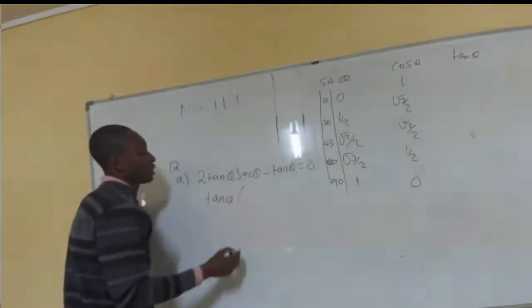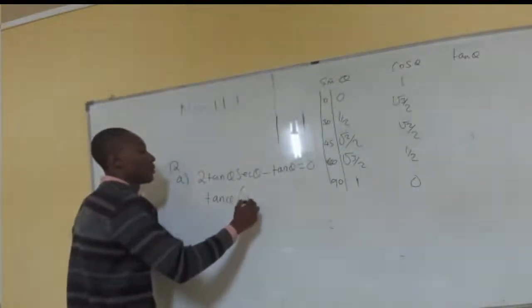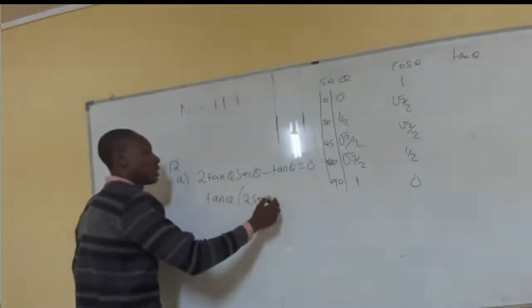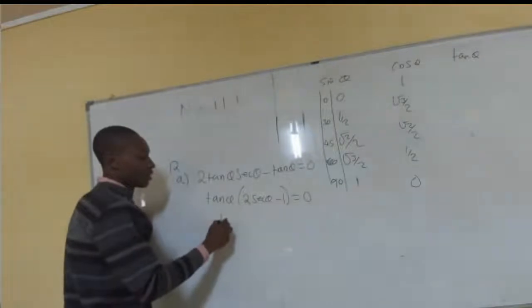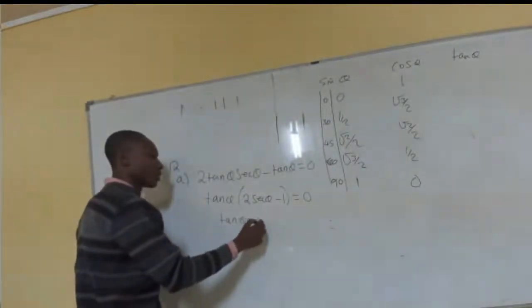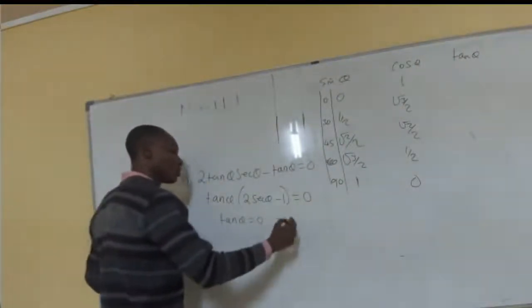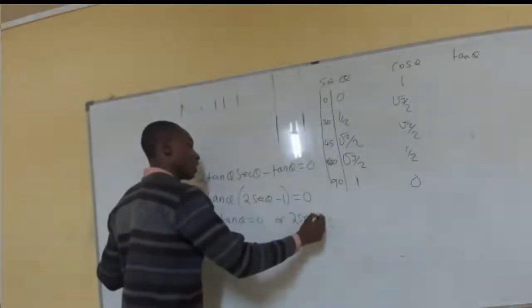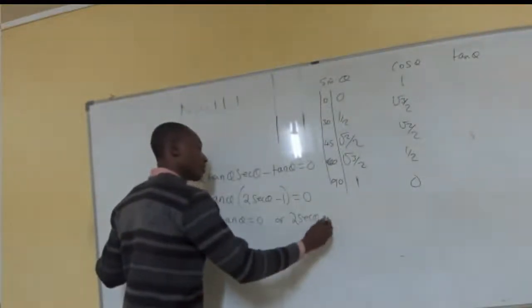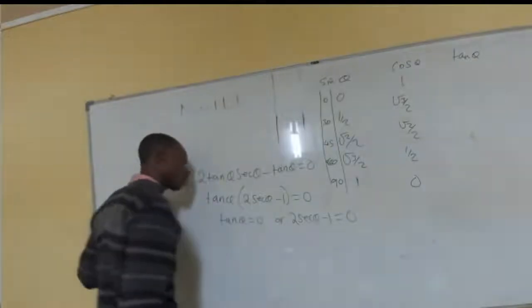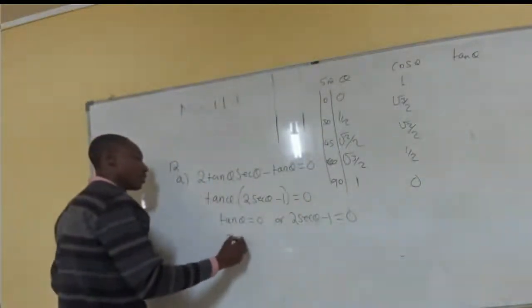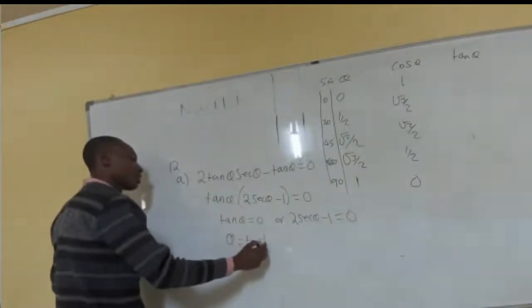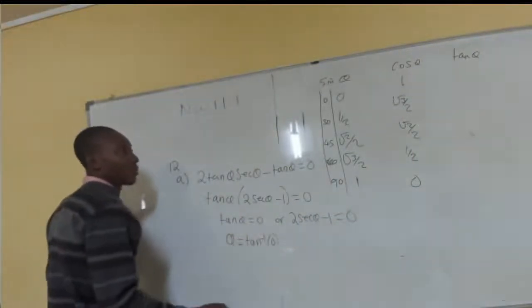Then what will remain is 2 sec theta minus 1 equals 0. So we have tan theta equal to 0, or 2 sec theta minus 1 equal to 0.